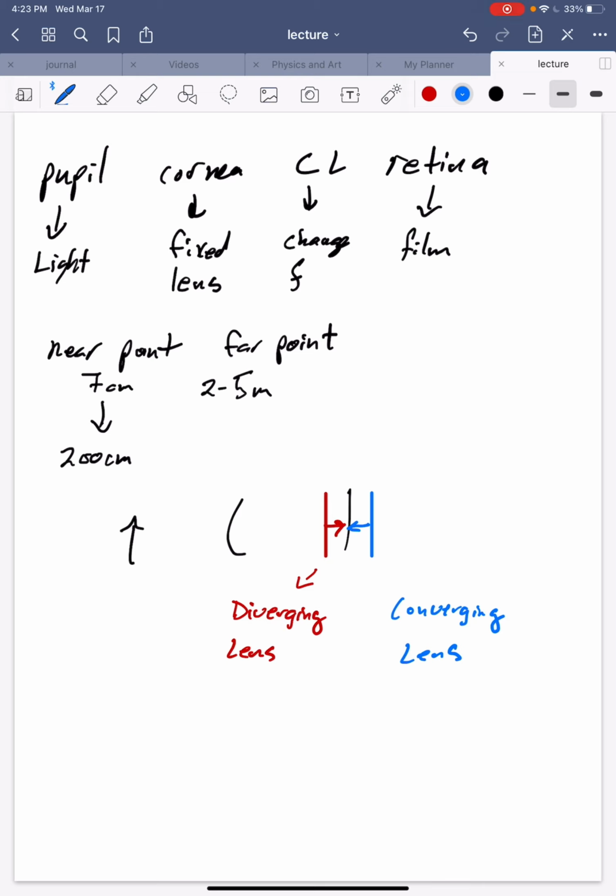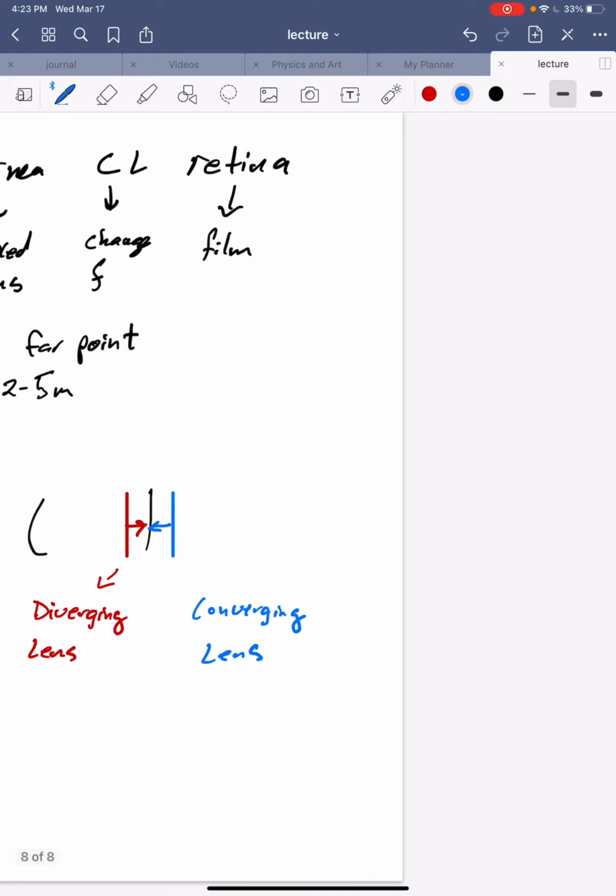And when that light reaches the retina, I have to think about what it is that's actually interpreting this light. And this area, the retina, acts like a CCD, like in a digital camera, and is sensed by cones and rods.